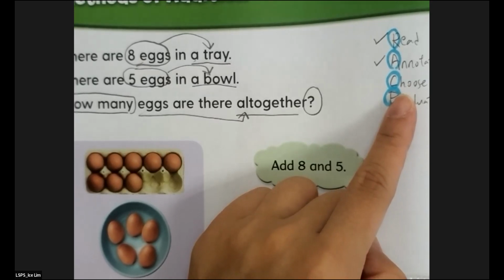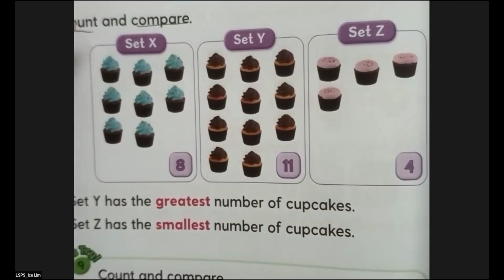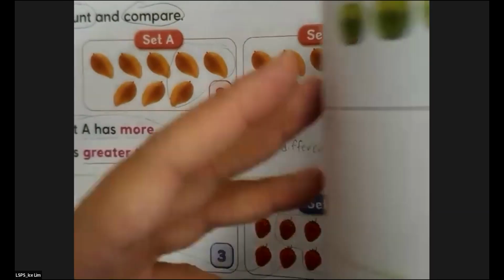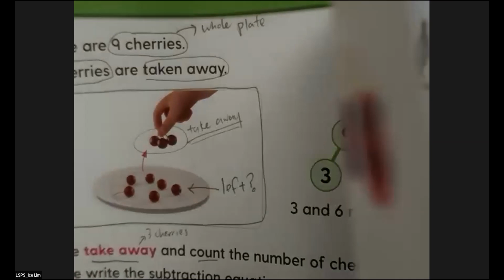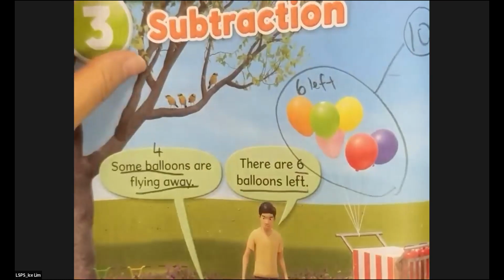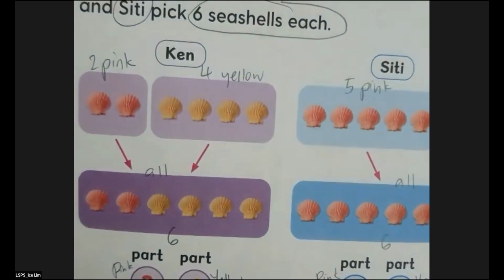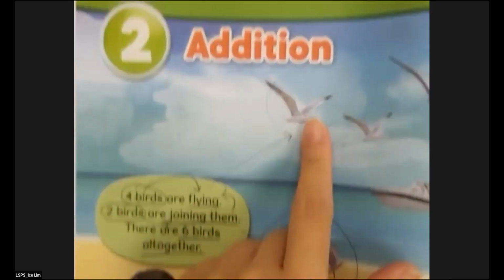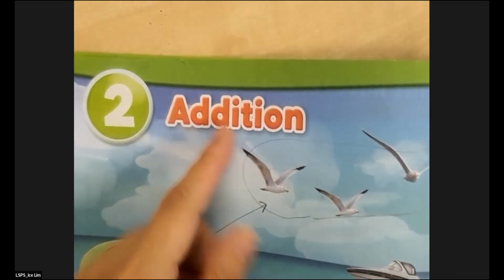Anybody? In the first chapter, what are some methods we learned to add fast?